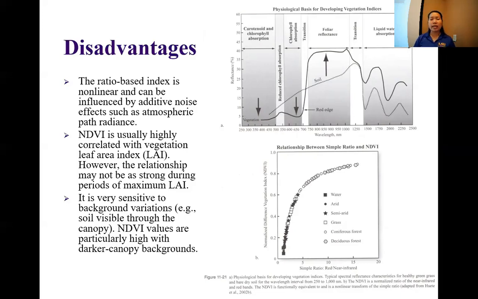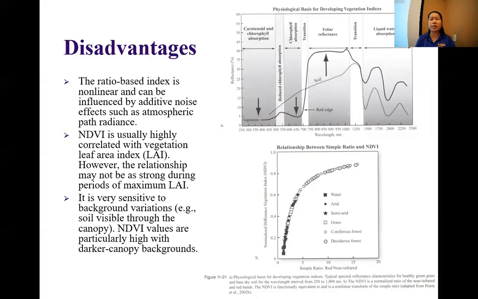And then NDVI is usually highly correlated with vegetation leaf area index. So as vegetation grows in the later stage of the cycle, for example cotton, when they grow bigger and bigger, typically you will see the NDVI value increase as well. However, the relationship may not be as strong during the period of maximum LAI.